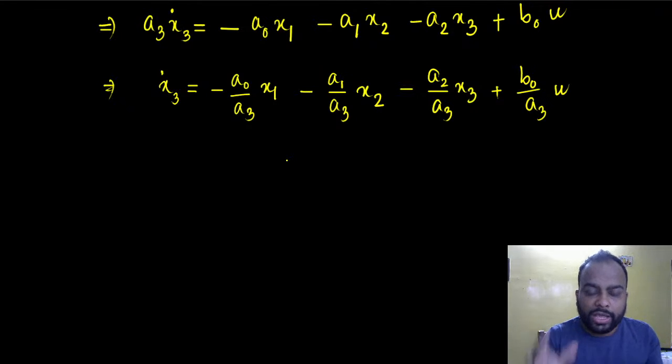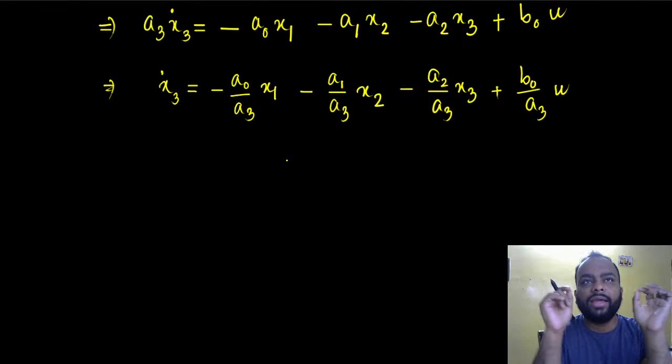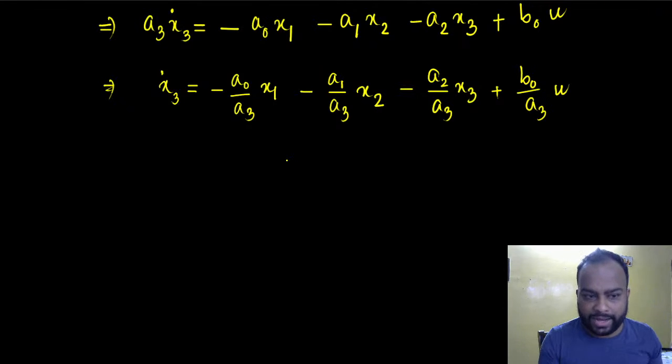If we can convert every type of model into a single form, then whatever techniques we develop for that form will be usable everywhere. This is not true for transfer functions. If you have this kind of transfer function, then do this; if you have that kind, then do that. There are so many things.